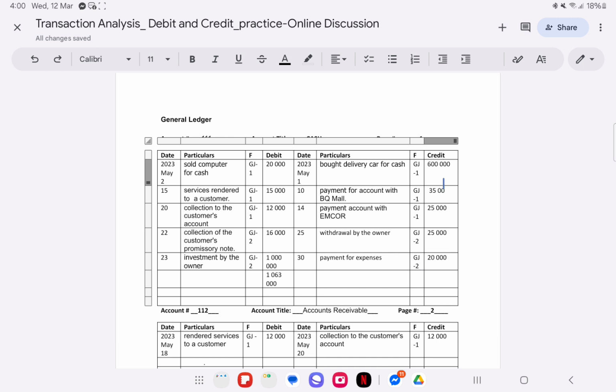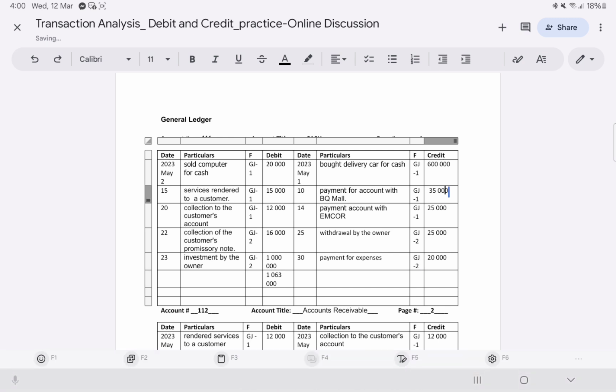600,000 plus 35,000, lacking zero. 35,000. So be careful, diba? A while ago, this was only 3,500, so it's lacking a zero. So to recheck it, go back to the transaction on May 10, page 1, JG1.